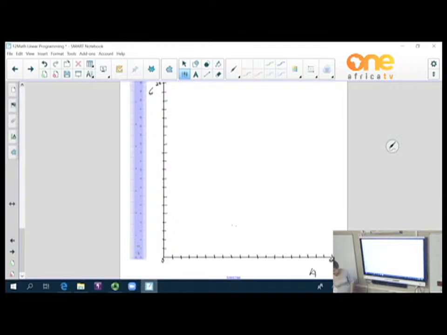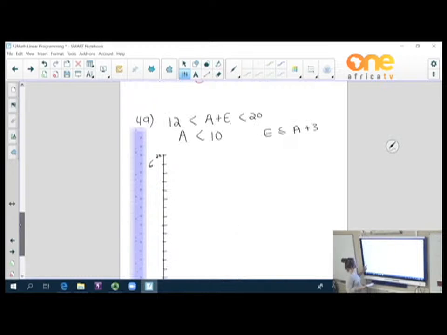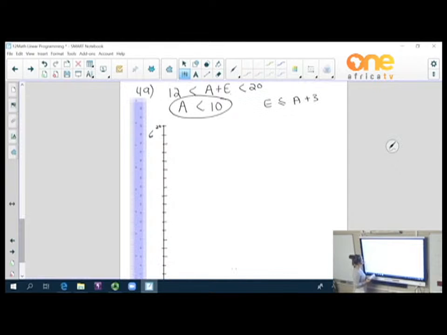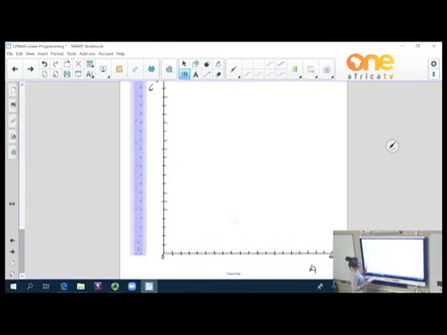There's no problem. So we will start out with our first inequality, which is this one. Argentina is less than 10. So find Argentina, then find 10. 1, 2, 3, 4, 5, 6, 7, 8, 9, 10.